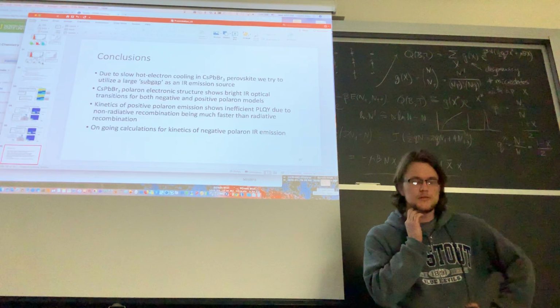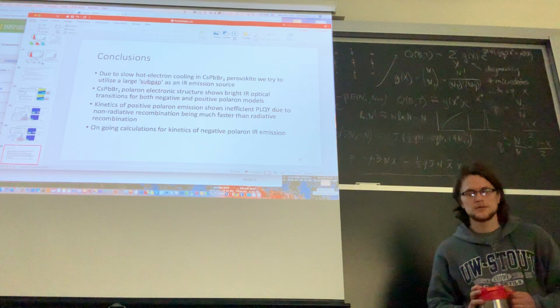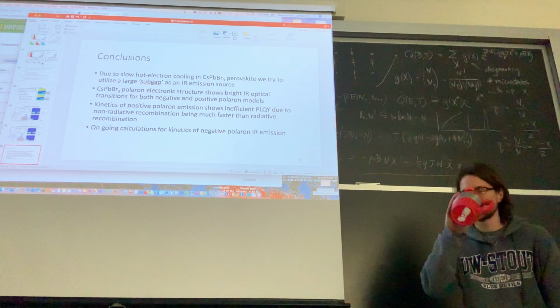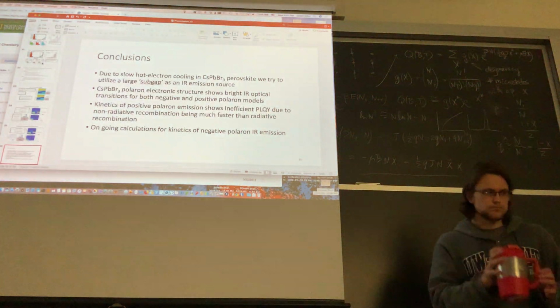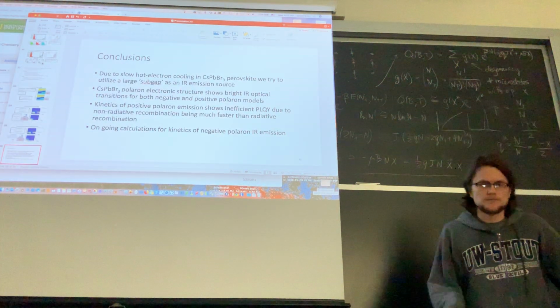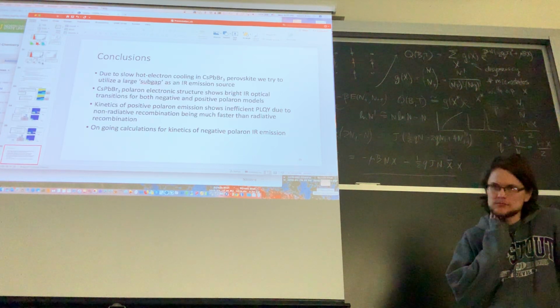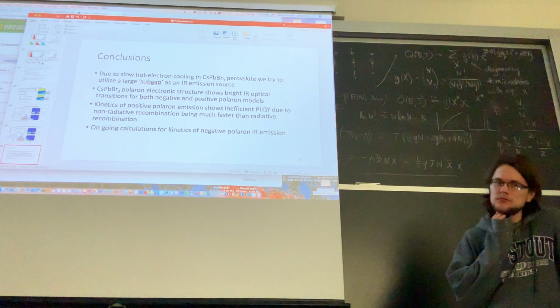So the common view of emitting semiconductors is that they emit because the particle and hole radiatively recombine from conduction band to valence band for a neutral system.